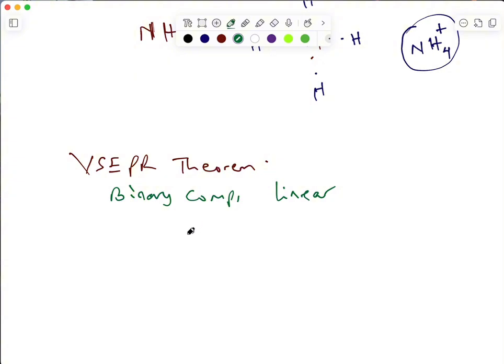For instance, if you have HCl, nitrogen gas, or oxygen gas, all these are binary compounds. They have two atoms. Now, H2O is not a binary compound.